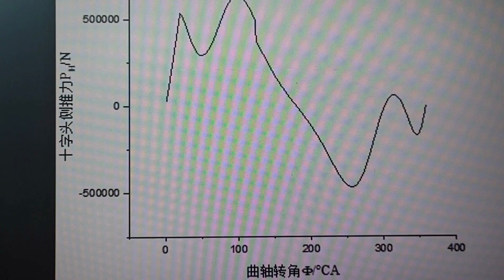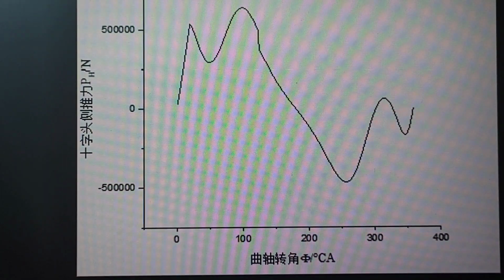Let's change the view for you to see it. So you can see this line represents the zero horizontal force, which occurs when the crosshead is at the top dead center, 0 degrees, and the bottom dead center, which is 180 degrees here. The zero force.